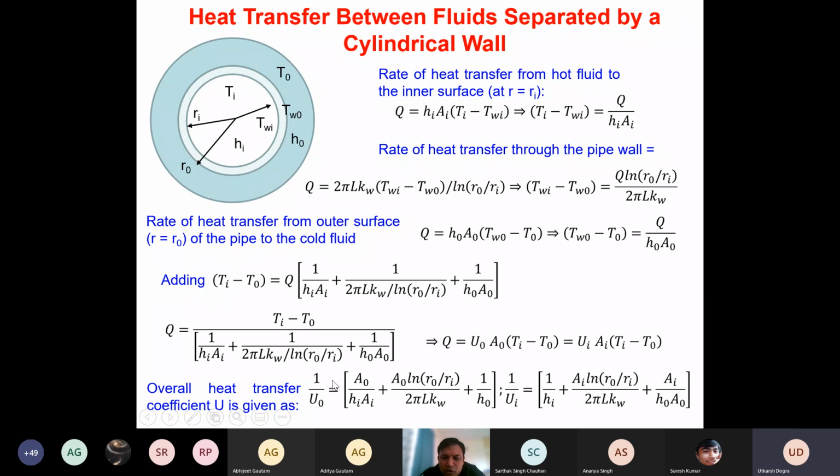So 1 by U naught will be given as A naught by Hi Ai plus A naught ln R naught by Ri over 2 pi L Kw plus 1 upon H naught, because A naught gets cancelled out. Again, A naught by Ai here will be what? What will be the surface area here, the inside surface area? Pi d l.